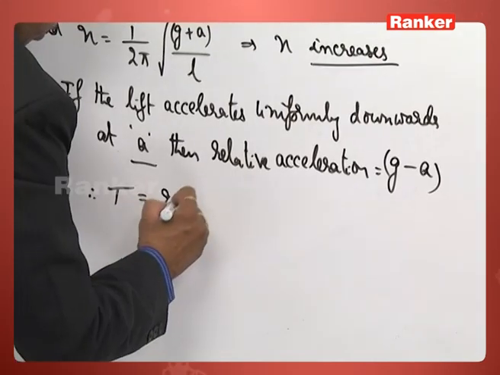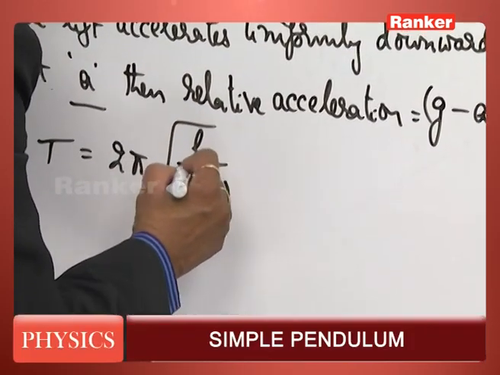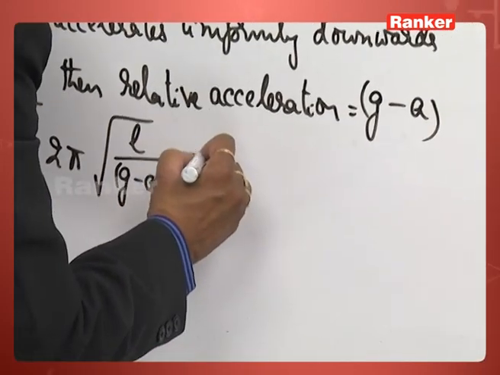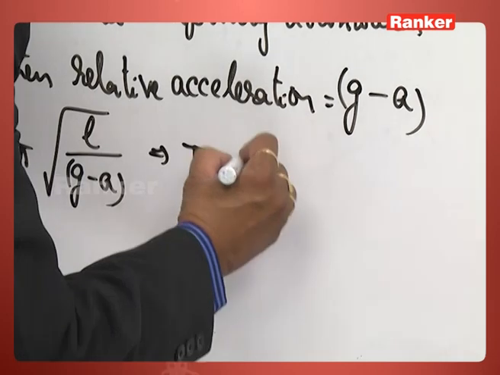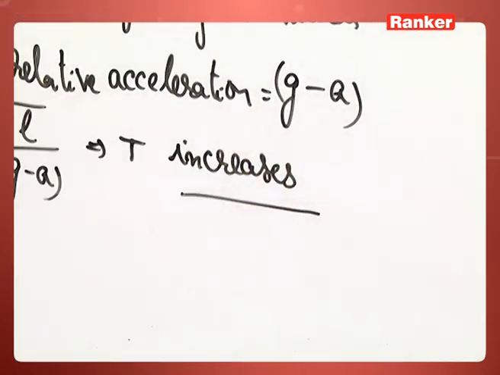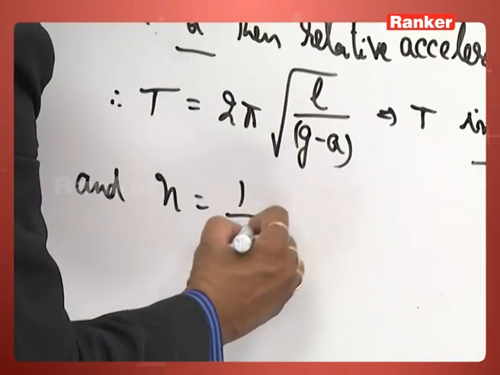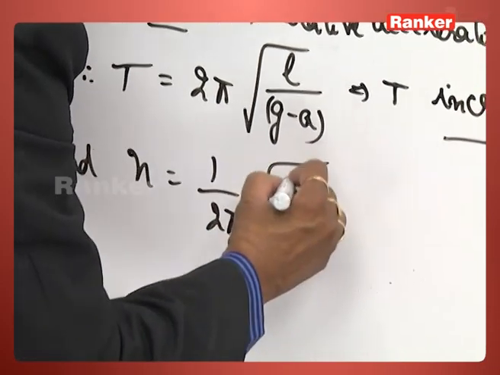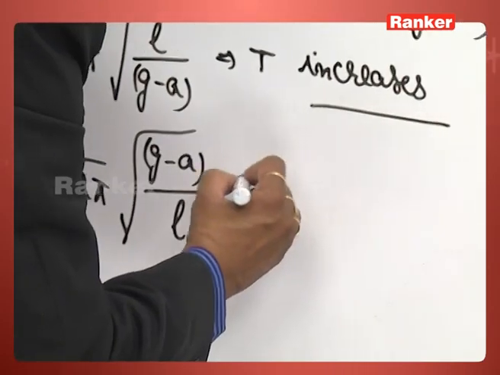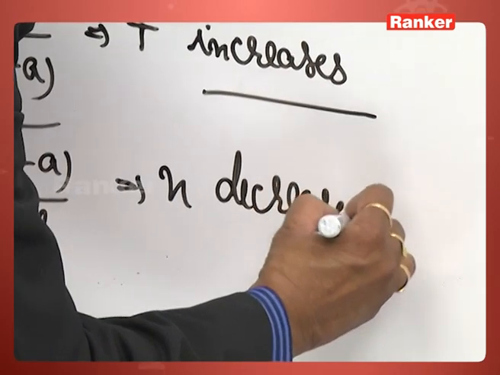T will now be 2 pi under root L by (g minus a). Since the denominator value is decreasing here, you can come to the conclusion that time period in this case increases. And in the same manner, the frequency is 1 by 2 pi under root (g minus a) by L. This of course gives you that n in this case decreases.